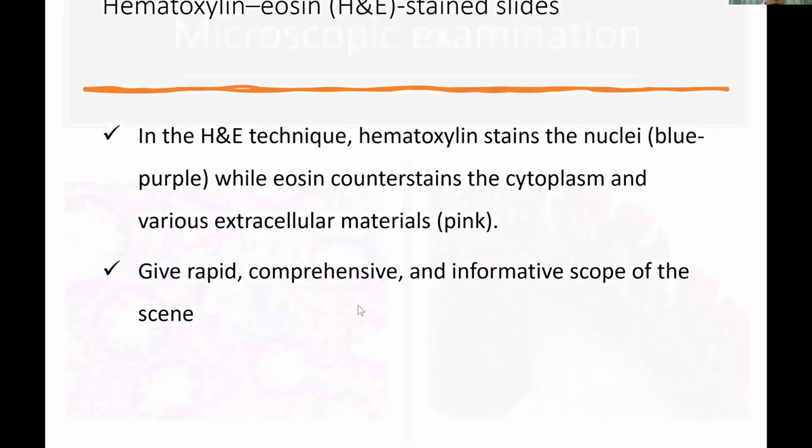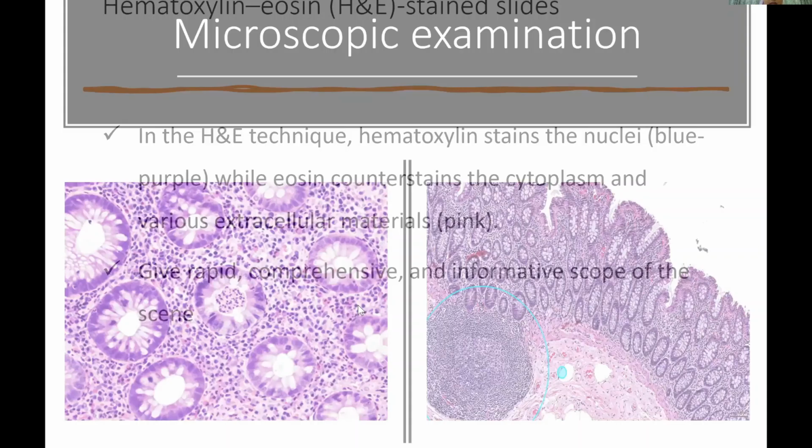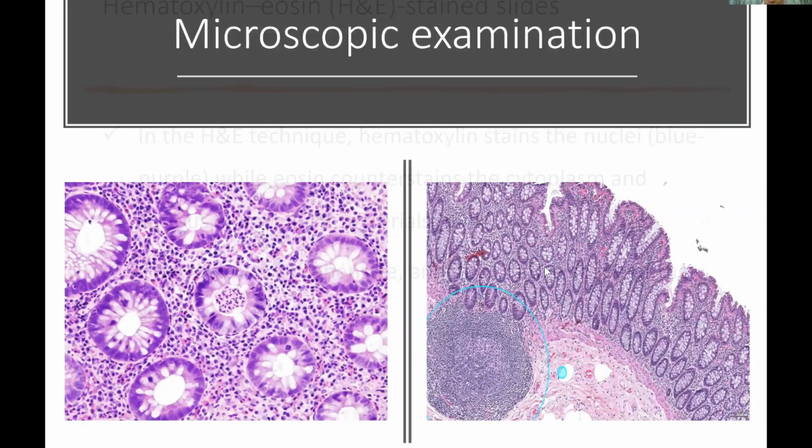This is how the H&E stain looks. This is a section of colonic tissue. These are colonic glands. This is a lymphoid aggregate forming a germinal center here. On high magnification, you can see only two colors.